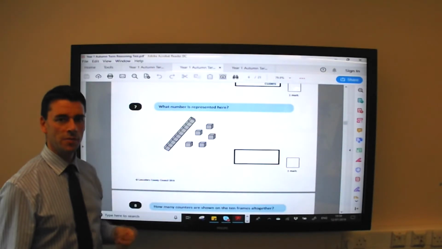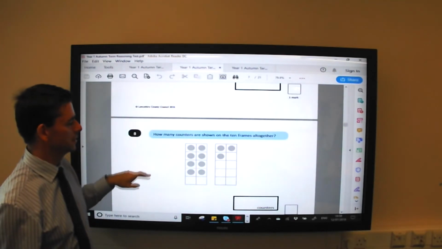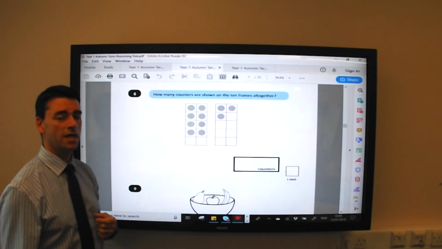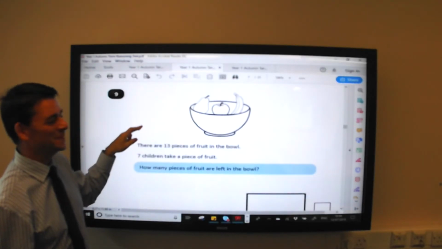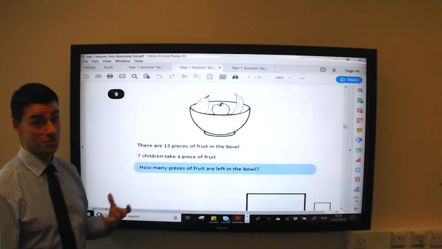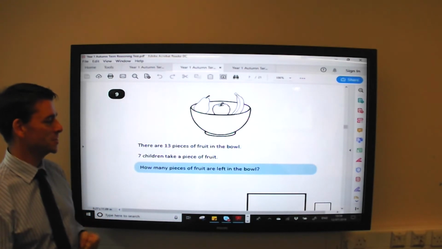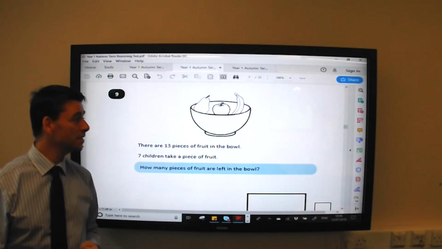So pictorial representation, assessing place value. How many counters shown on the tens frames altogether? So calculation, word problem. It's just something a bit bigger. Word problem, about fruit in a bowl: 13 pieces of fruit in a bowl, 7 children take a piece of fruit. How many pieces of fruit are left in the bowl?